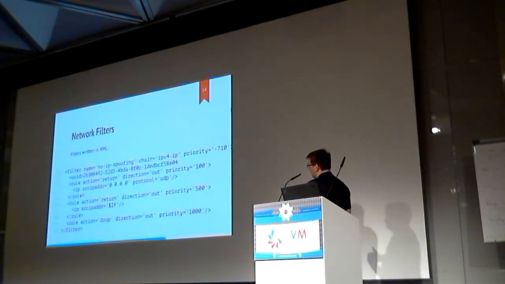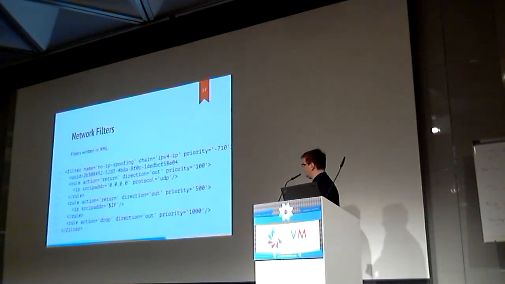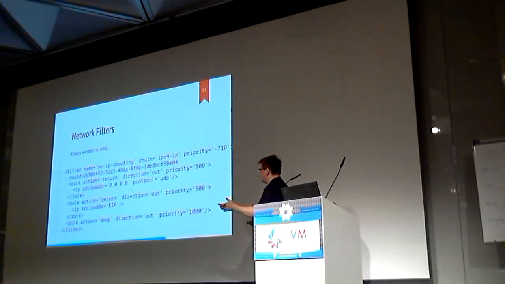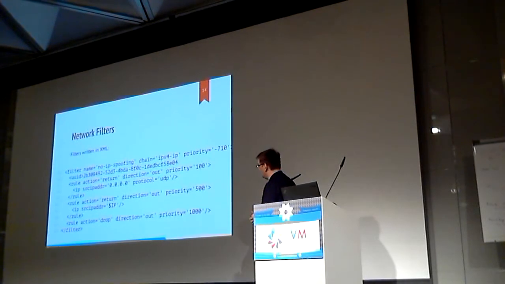For instance, namely the IP variable, if not specified in the domain XML, which we've seen on the previous slide, libvirt will try to guess the IP address of the guest and replace the value.